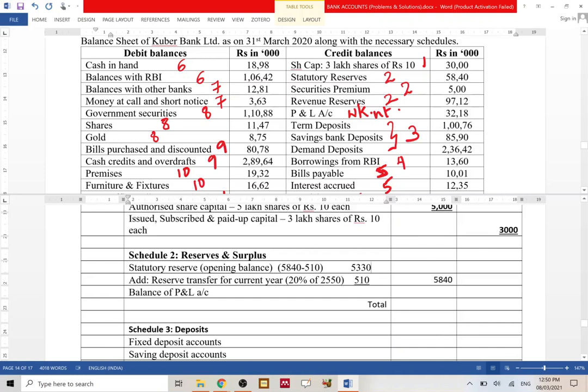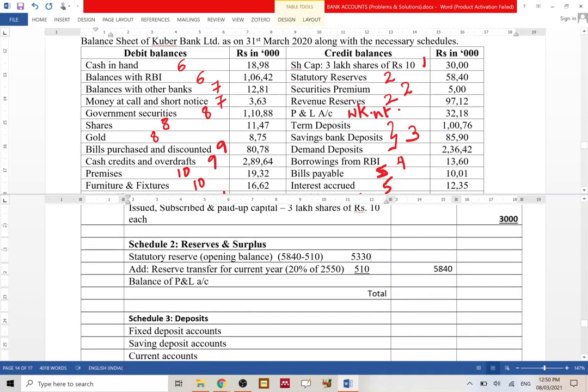So this 5840 minus 510 gives you 5330. Okay, so just a reverse calculation to show what may have been the opening balance and then what got added to it as the statutory reserve and the final amount that we have here, right?